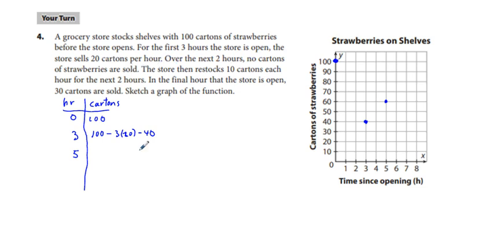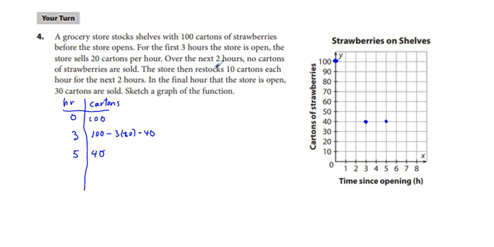So we would still have what we had over here, 40. So we're going to go to 40 right here. No cartons sold, no restocking, that's what it is.